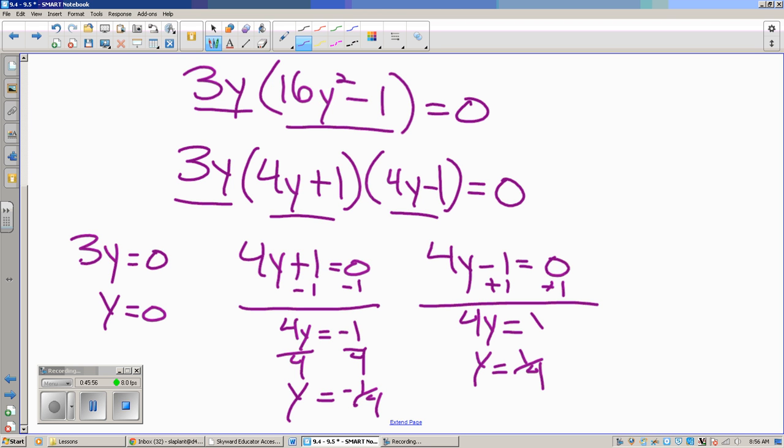Okay? I know there's a lot in that lesson today. There's a lot with the difference of 2 perfect squares. Start by asking yourself, when you see a binomial, do you have the difference of 2 perfect squares? If you do, great. Go ahead and factor. If you don't, then you ask yourself, what's the greatest common factor?